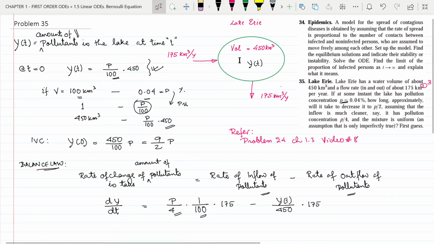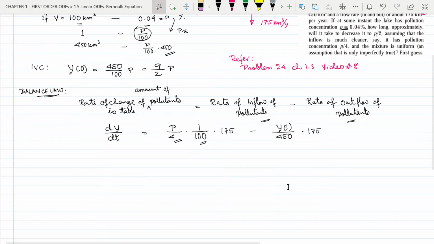Again, this Y of t amount of pollutants is in the lake at any time t, and this amount is for the entire volume of the lake, which is 450 km cube. So if we convert to the per unit concentration of the pollutants at any time t, that would be Y of t by 450, which is then multiplied by the outflow rate 175 in the same method that we have done here to get the rate of outflow of the pollutants.